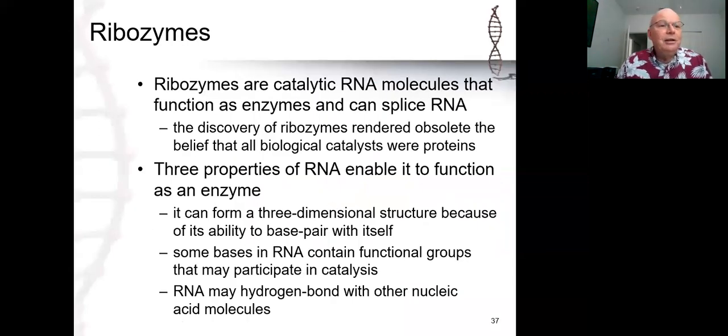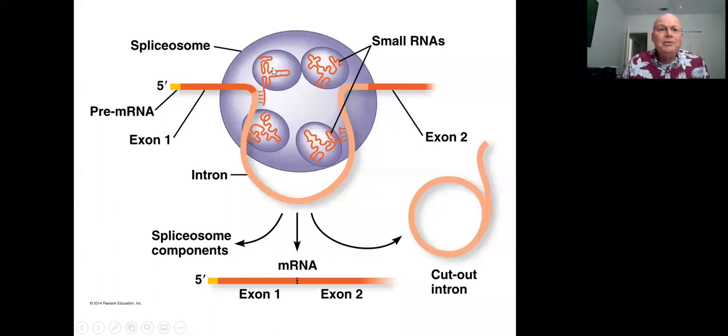one of the things that we have discovered, and this is the first instance where you will have encountered this, is that not all enzymes are proteins. And this is where we find this for the first time. And we're going to see it one more time before we're done today. These RNA molecules in the spliceosomes are in fact enzymes.